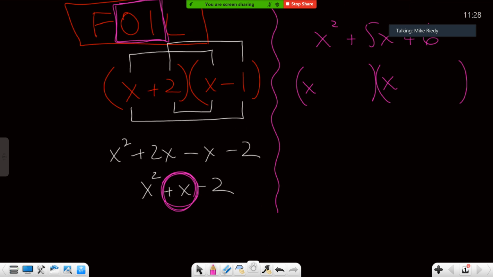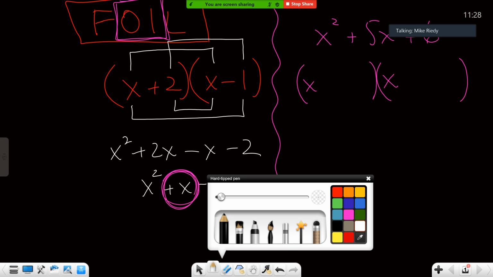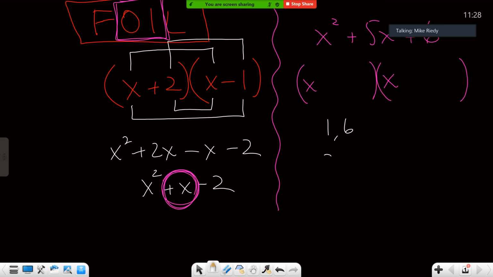And then the question is, which of those add up to be 5, and go from there. However, I would imagine that most of you don't need that initially, and you recognize that the two numbers we want are 2 and 3.